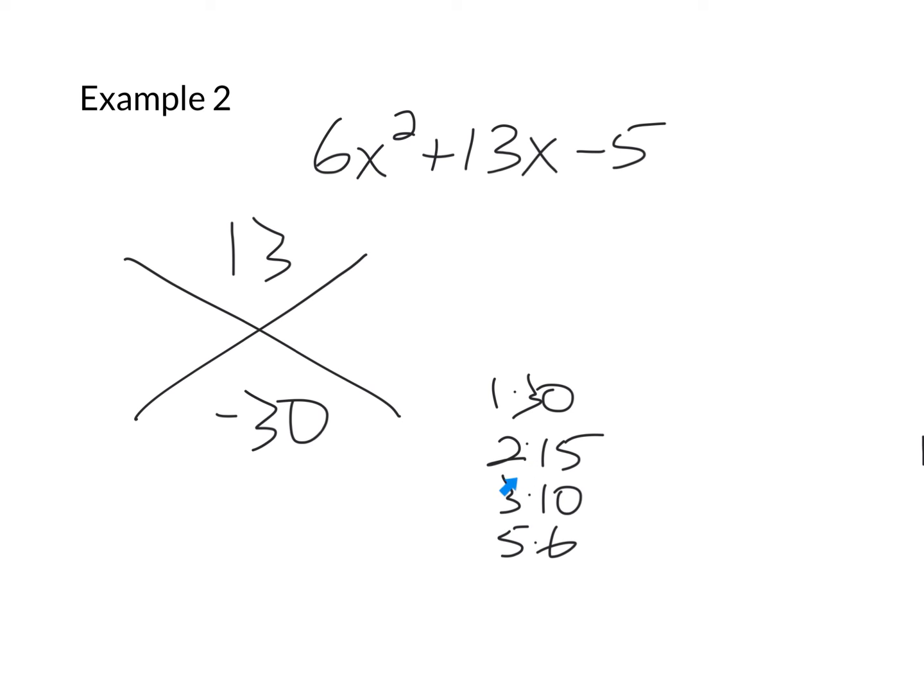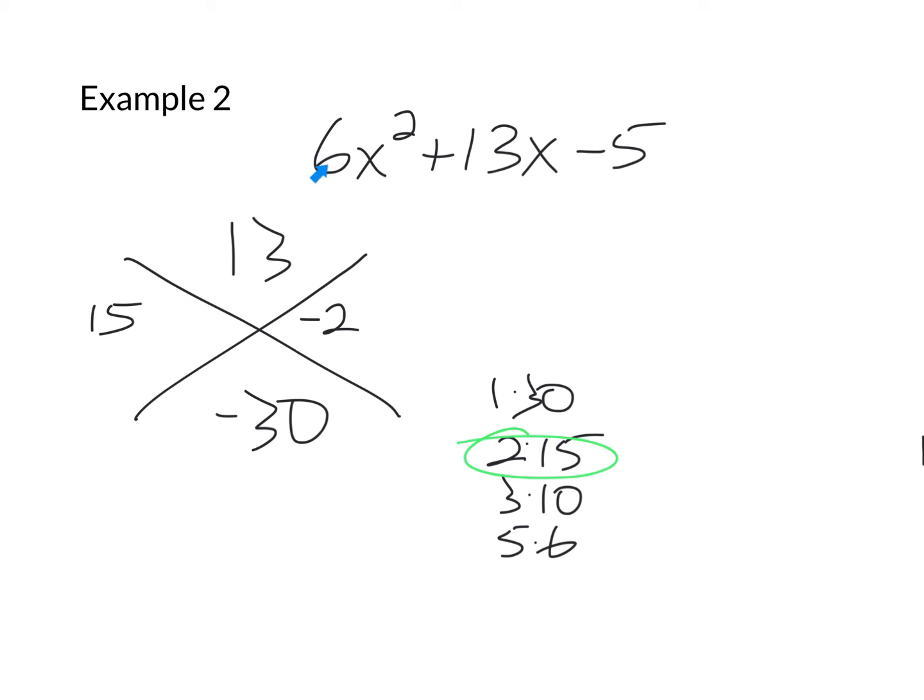Now, the ones we're going to use that we can make equal to 30, remember, this is a negative, so one of these has to be a negative, so it's like a subtraction problem, and we'll do 15 minus 2. So we're going to be using this one here. I'm going to use positive 15 minus 2.